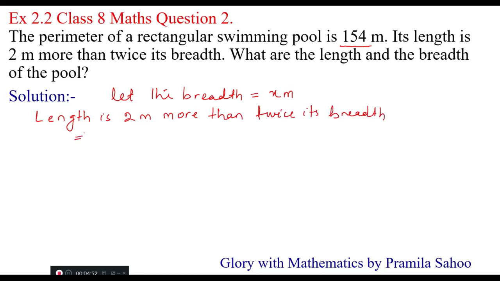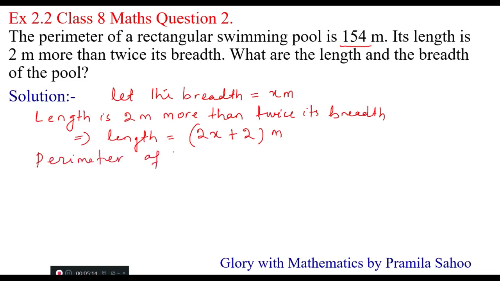So, this implies length is equal to 2x plus 2. Twice the breadth means 2x, and 2 meter more. So length will be 2x plus 2 meter. Then what will be the perimeter of the pool?